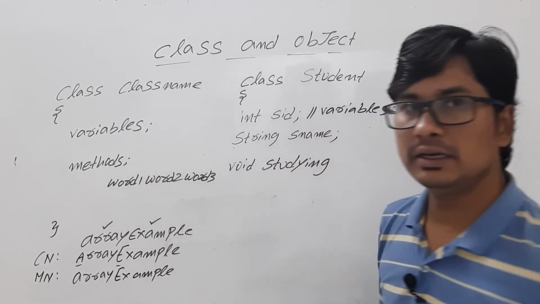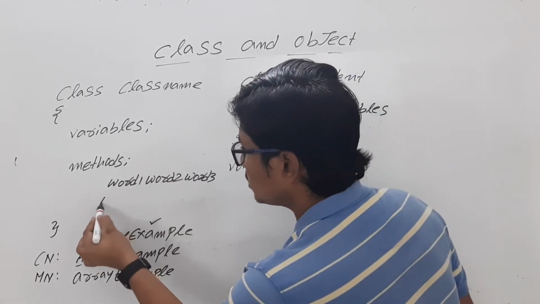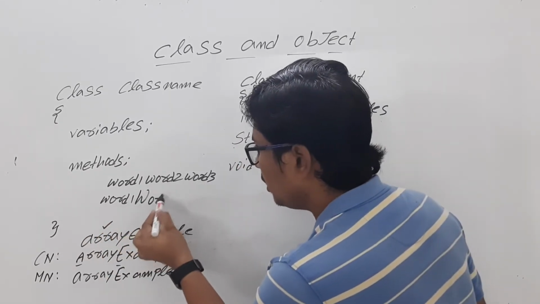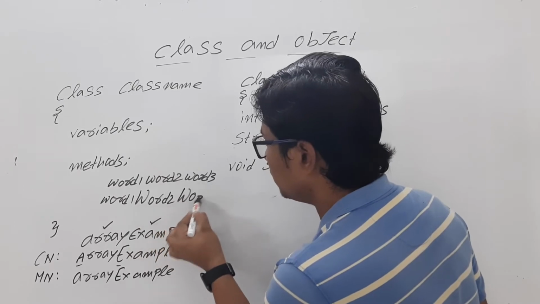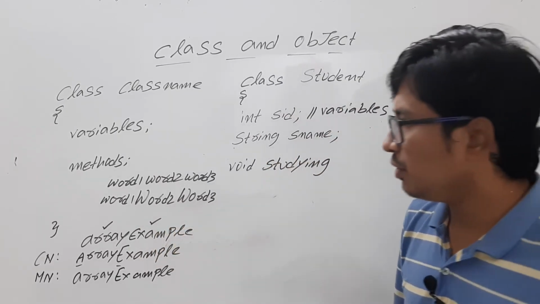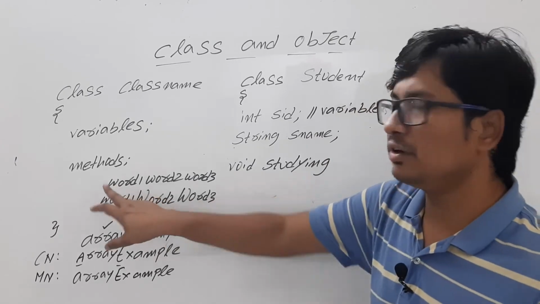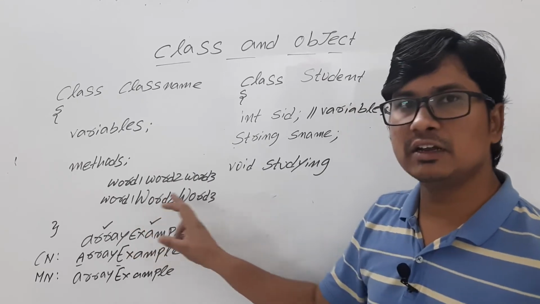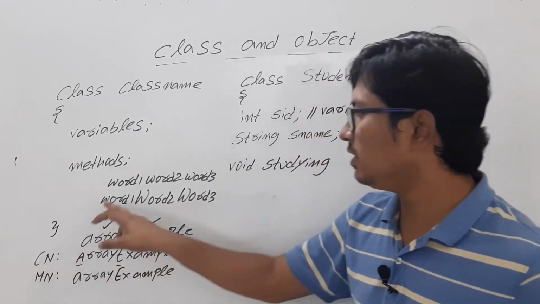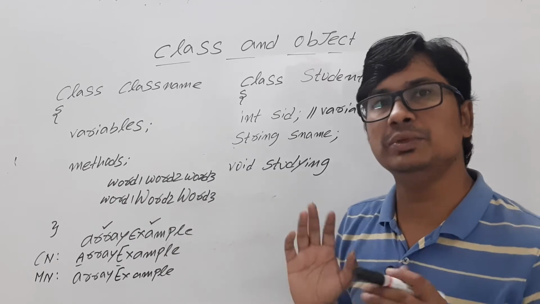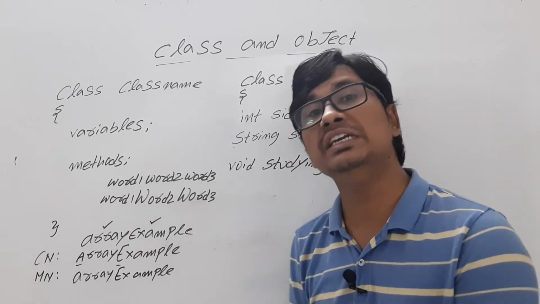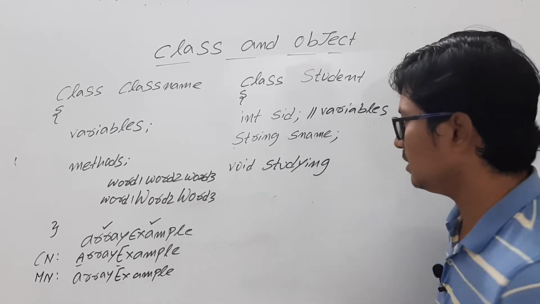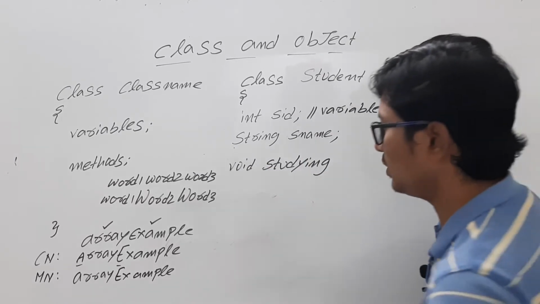If it is a method name, then small word 1, then capital W word 2, again capital W word 3. So if you have multiple words, the first word's first character will be lowercase, and for the remaining words the first character will be uppercase. But for a class name, every word's first character should be uppercase. This is what we call the naming convention, the standard way. I have only one word called studying, so that's why I have given this s as lowercase.